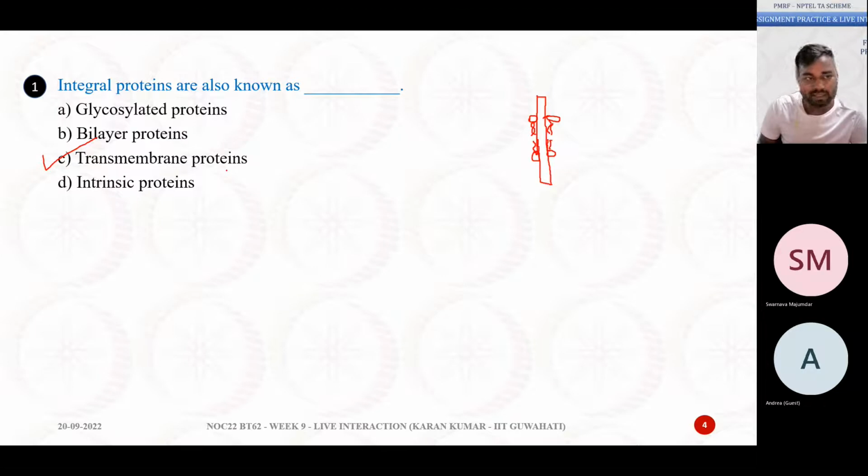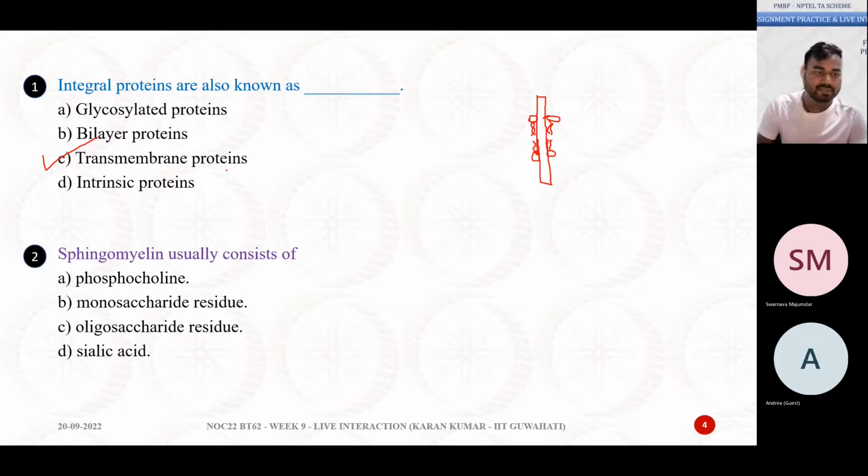And what is the opposite of the integral proteins, which are found on either surface of the lipid bilayer? Peripheral. Very good. Those are called the peripheral proteins.